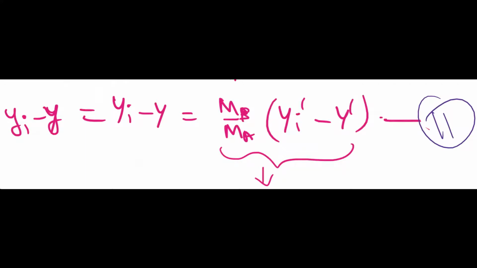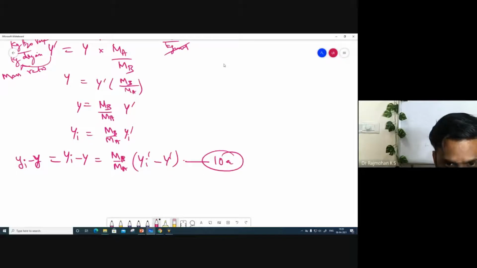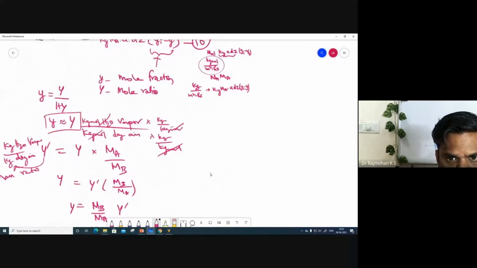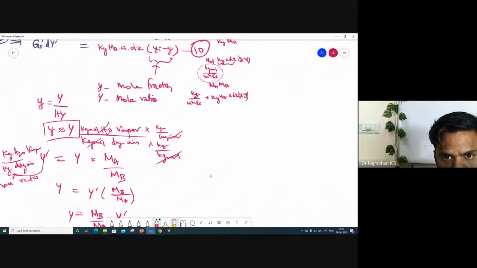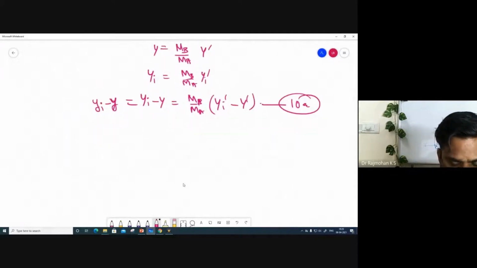Please correct this number as equation number 11. We can substitute this equation, which we have already written, into equation 10 to rewrite Gs dy dash.